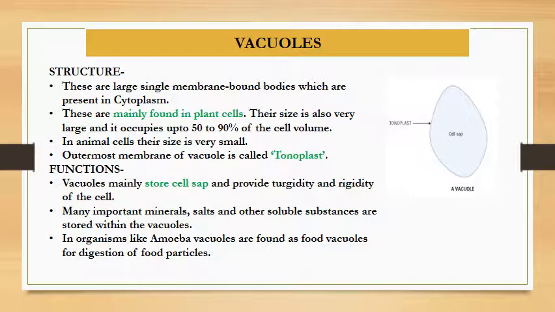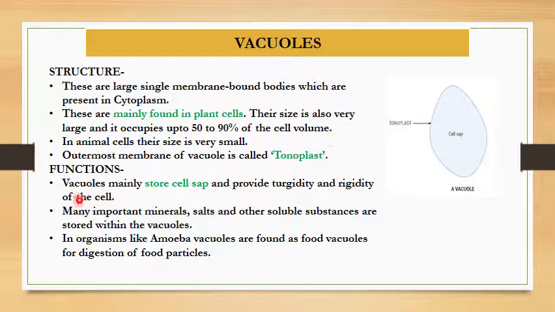Vacuoles. Structure. These are large single membrane bound bodies which are present in cytoplasm. These are mainly found in plant cells. Their size is also very large and it occupies up to 50 to 90% of the cell volume. In animal cells, their size is very small. Outermost membrane of vacuole is called tonoplast.